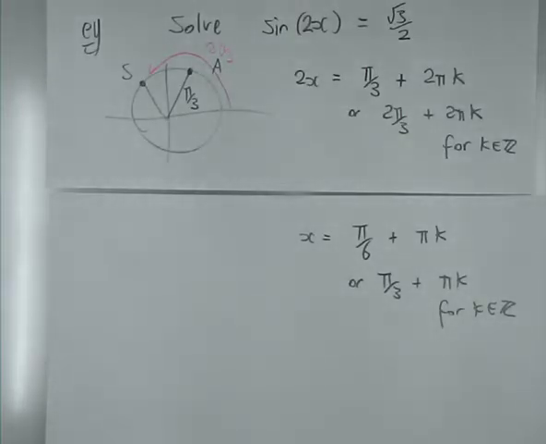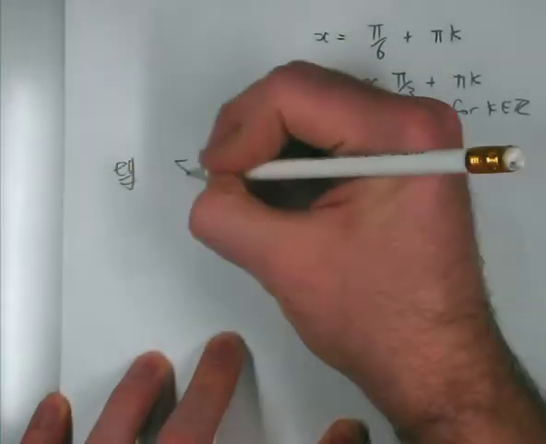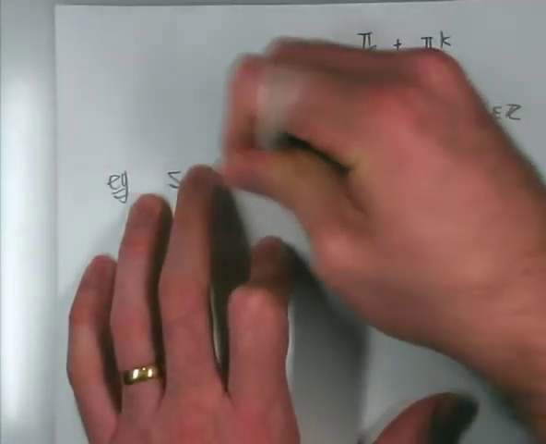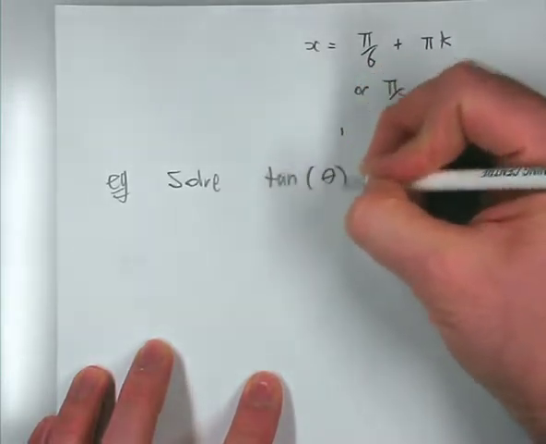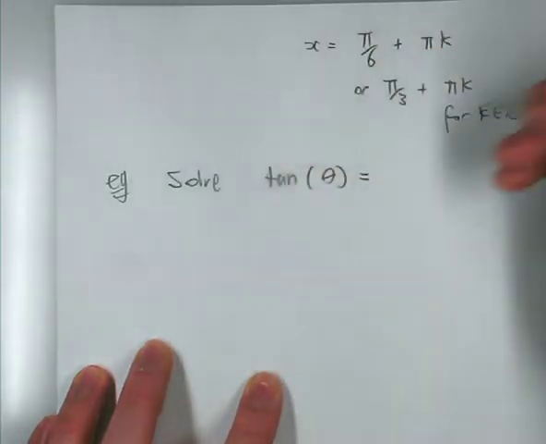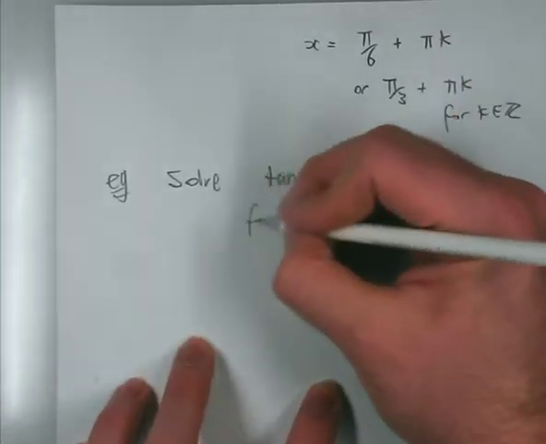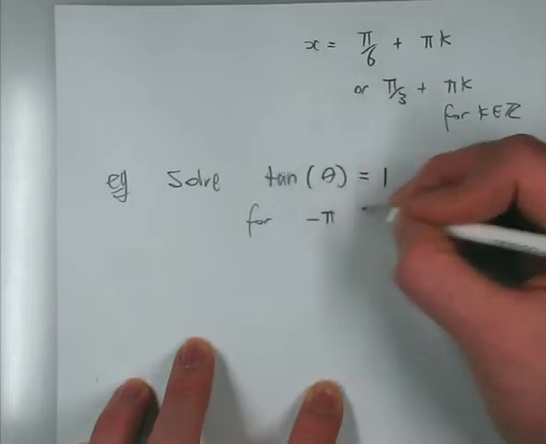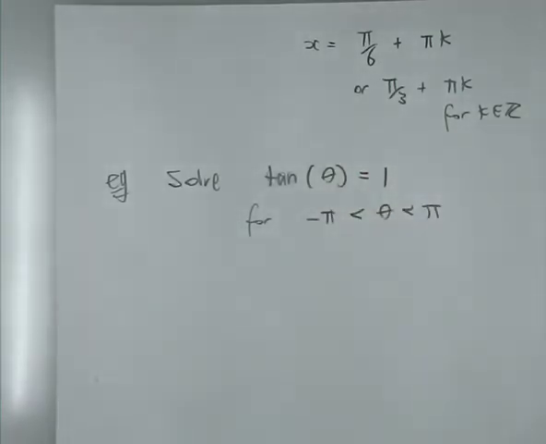Sometimes they tell you that you actually want to solve the equation, so something like this. Solve, maybe tan. Tan of theta is, let's go 1, for theta between minus pi and pi, say.